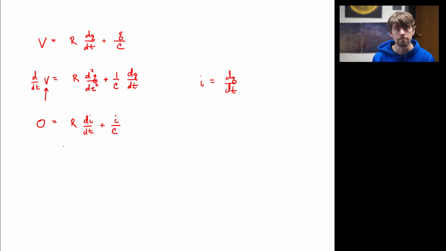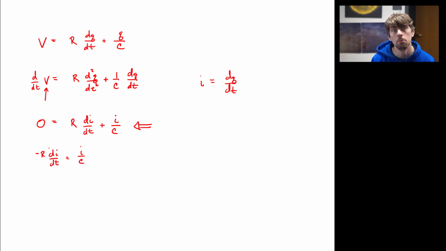Sometimes it's hard to see that kind of relationship, so I just went ahead and put it back in. It turns out that this equation that we have written here is always separable. I can always get the current on one side of the equation and all the rest on the other side. So let's do that. If I move one term over to the other side, I get negative R di dt.